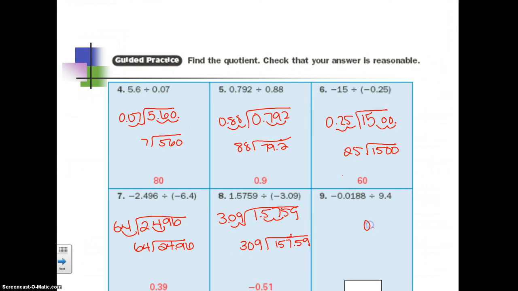And number 9, move it over once, bring it up. I like to rewrite it. And you have negative, because remember different signs, 0.002, which is 2 thousandths, negative 2 thousandths.